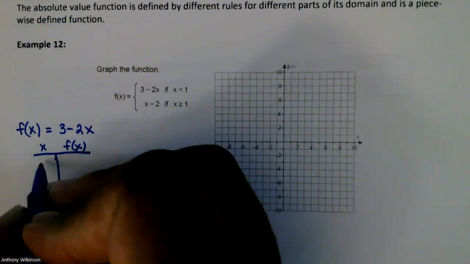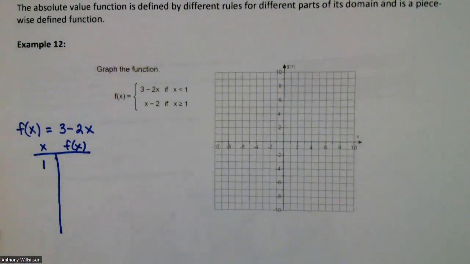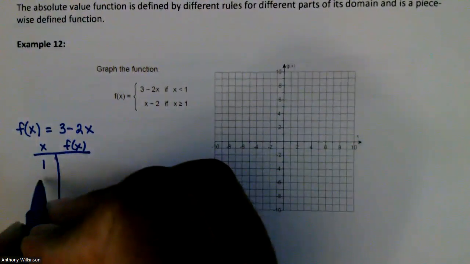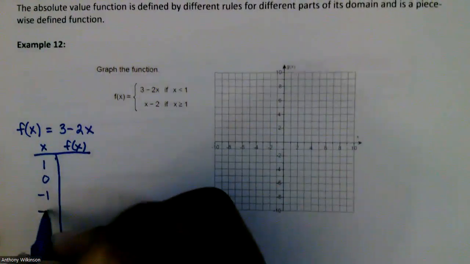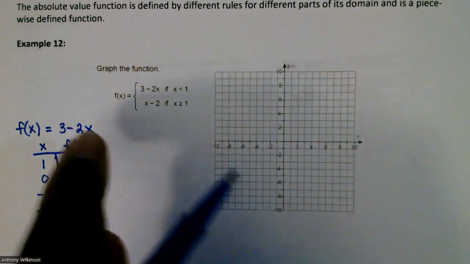I'm going to pick 1 here because I want to find out what it would be when x was equal to 1, because there I'm going to draw what they call a hole in the graph. And let's pick values less than 1, like 0, -1, -2. And then for each value we'll just substitute the x in this function.